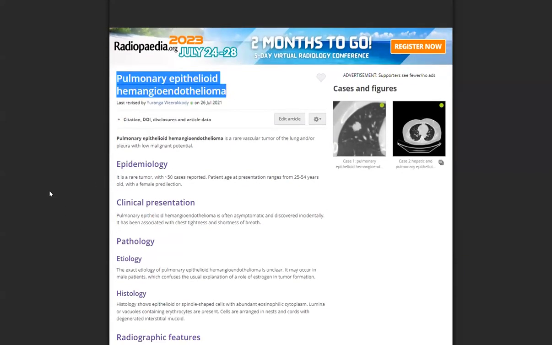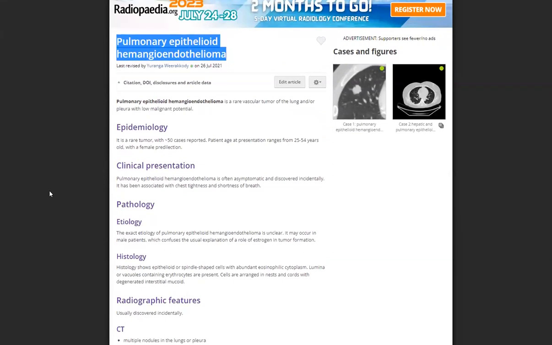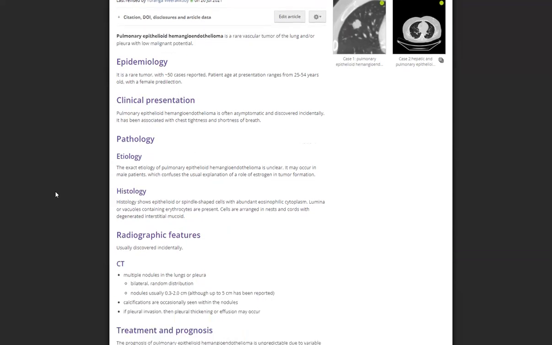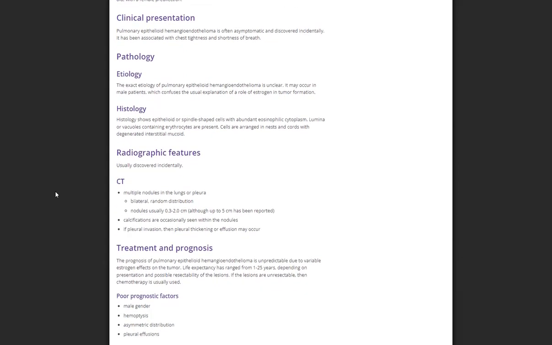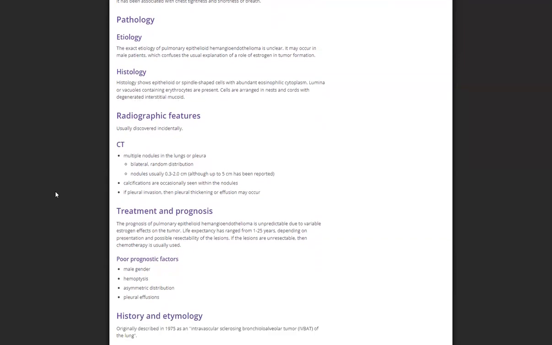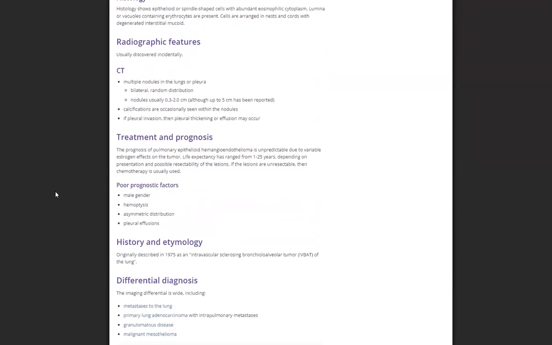They say there are usually multiple nodules, bilateral, random distribution, usually 3 millimeters to 2 centimeters. They came much later than the liver lesions, so we automatically assume mets, but they could be concurrent, the same entity.